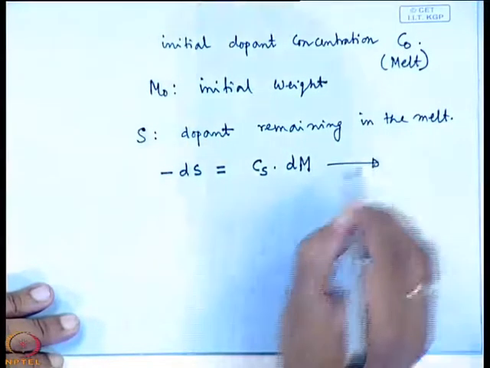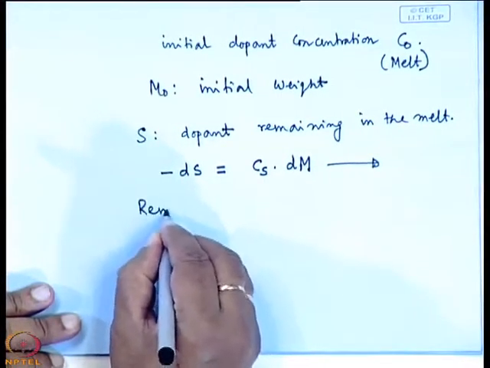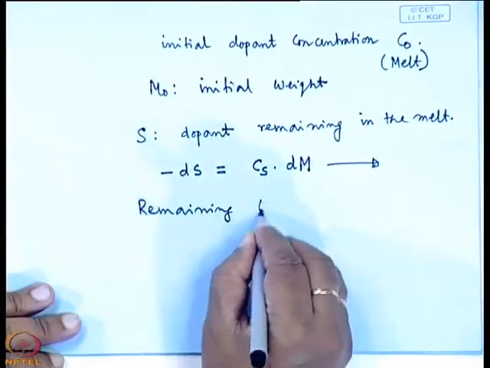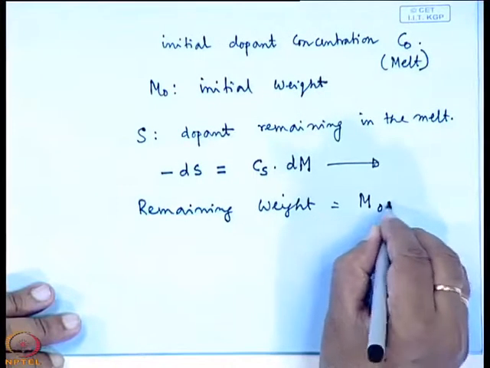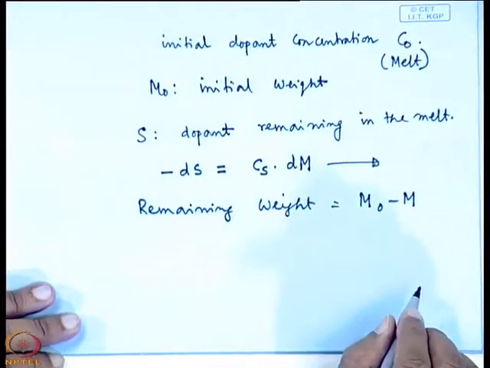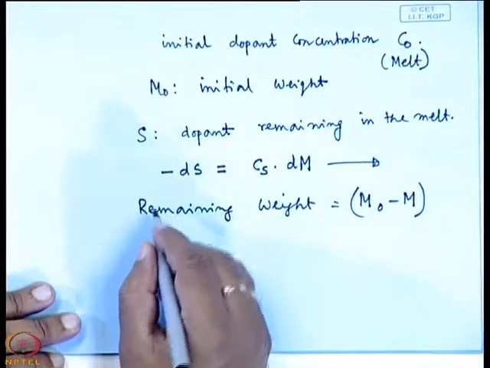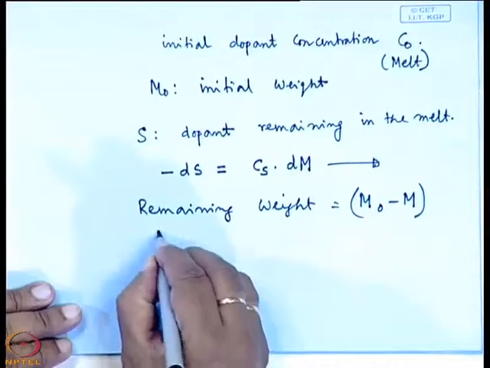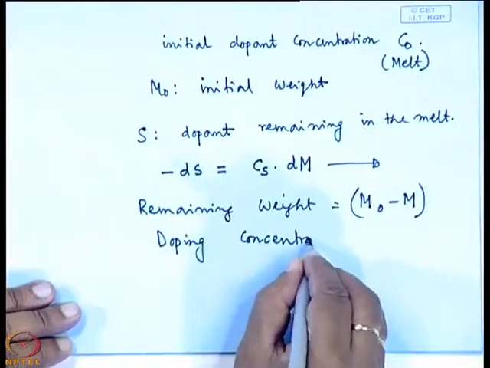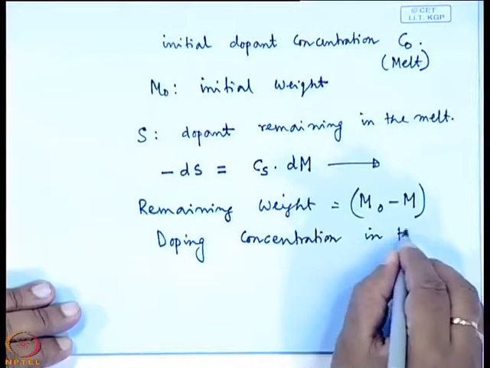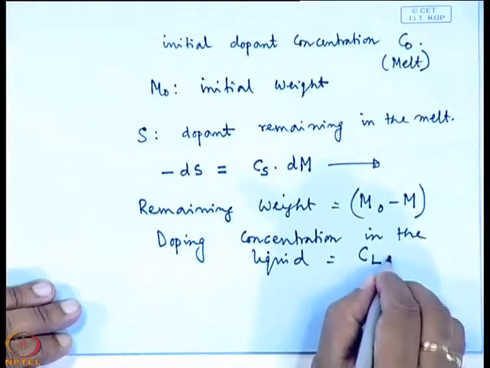Another expression we shall write: the remaining weight equals M 0 minus M. M 0 minus M is the remaining weight of the melt, and the doping concentration in the liquid is equal to CL.